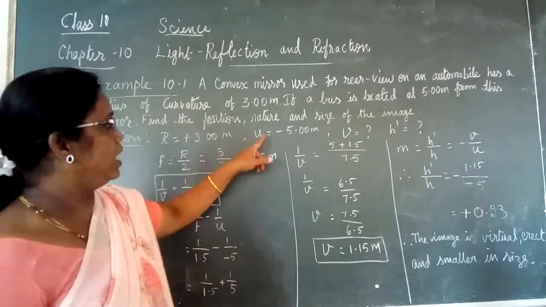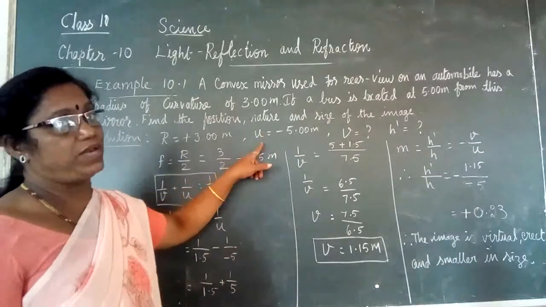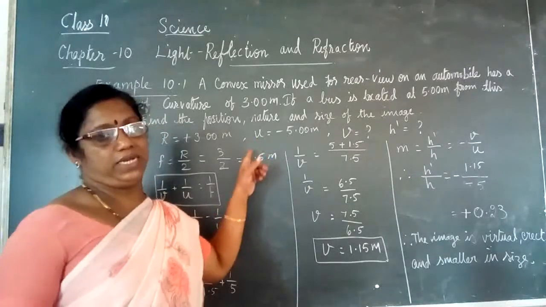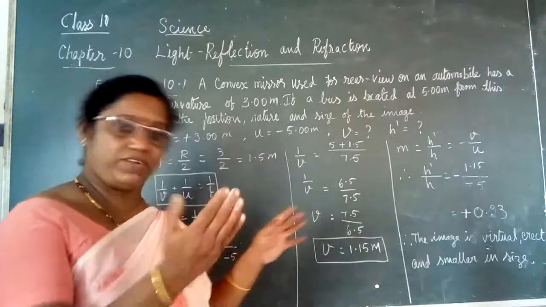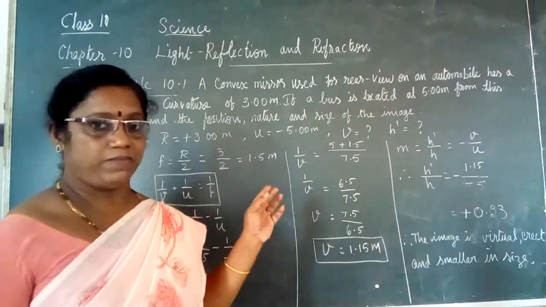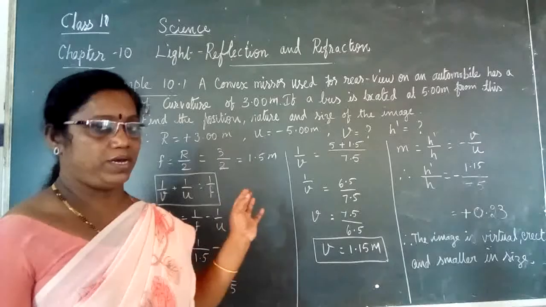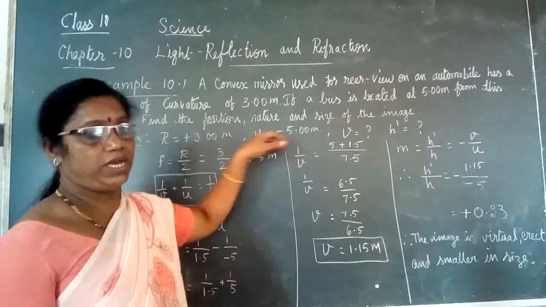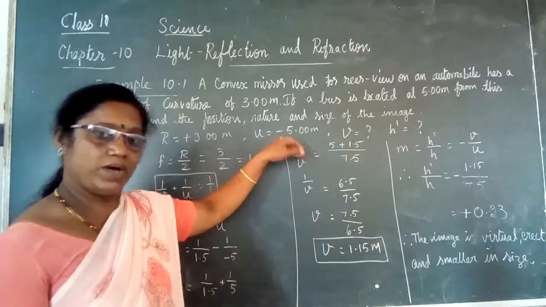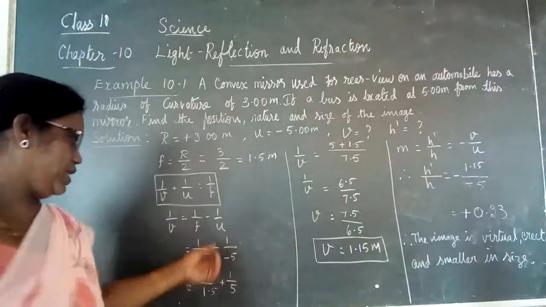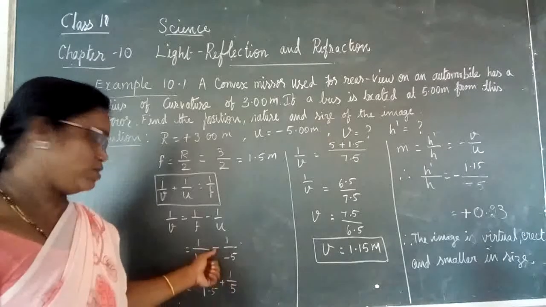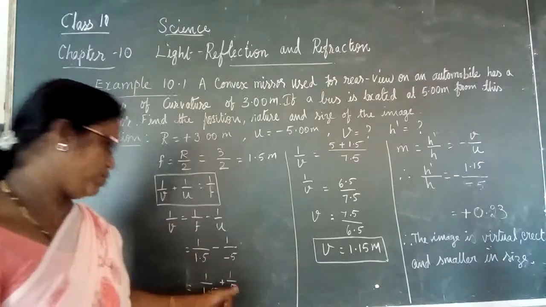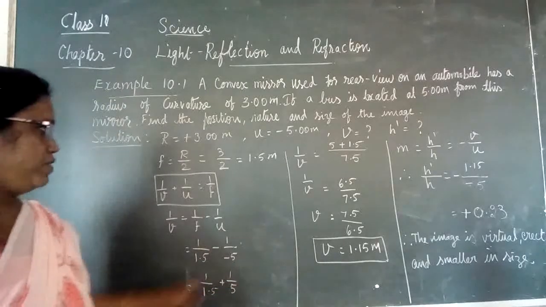The object is kept on the left side of the mirror, hence we always have to take the object distance u as a negative value. Hence we write minus 5. But what is minus of minus? It becomes plus. So 1 by 1.5 plus 1 by 5 is equal to 1 by v.